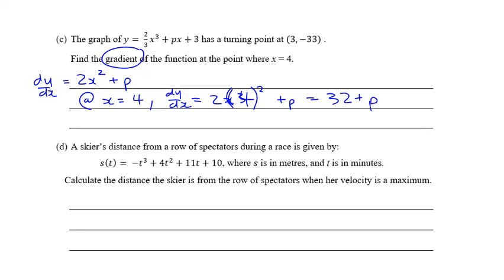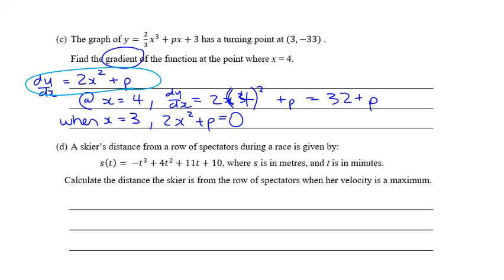All right. But we don't want p. It's got a turning point at (3, -3). So what does this part here equal when x equals 3? Okay, so when x equals 3, there's a turning point. So 2x squared plus p equals 0, eh? That's the gradient function.